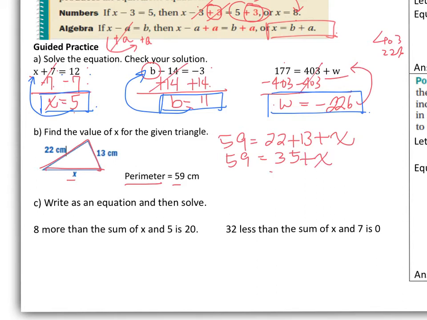And I need to subtract 35, the opposite of positive 35, which is negative 35, from both sides. And then x would equal 24. I need to label centimeters.